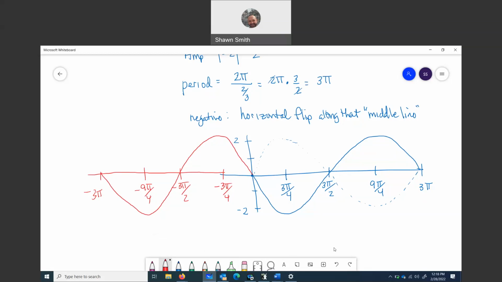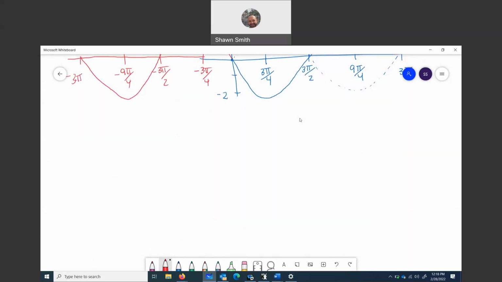All right, so the formatting for this we've seen is f of x is equal to a times some trig function, sine or cosine, of b times x. Absolute value of a is the amplitude. And the period is equal to 2 pi divided by b.